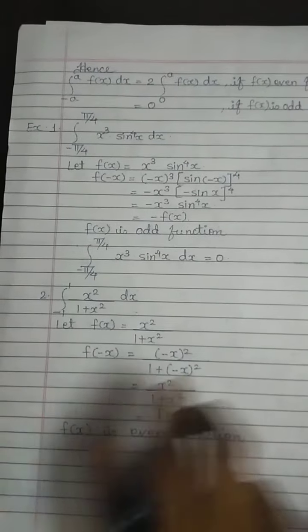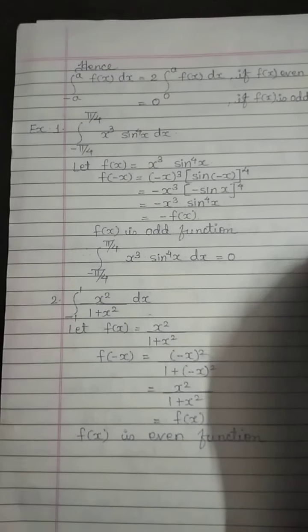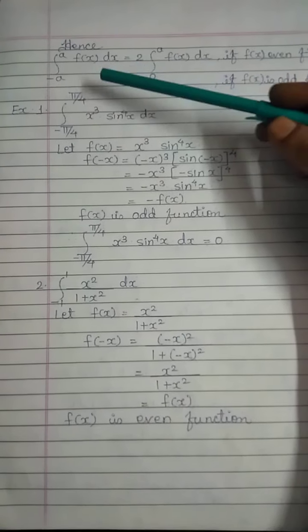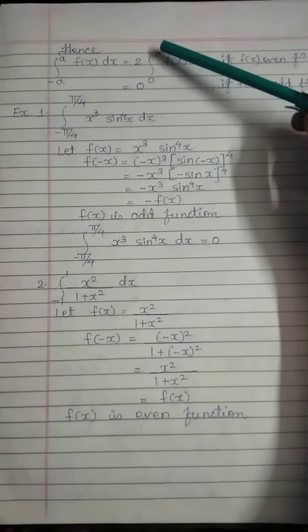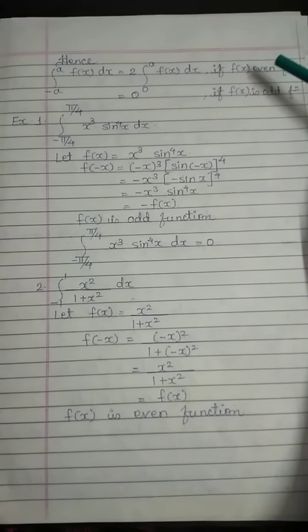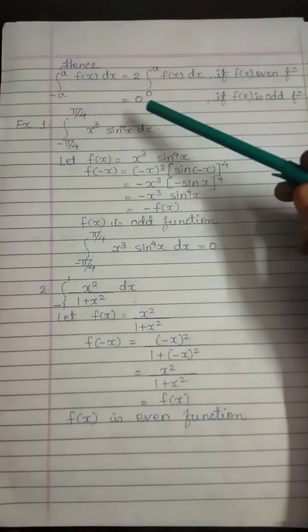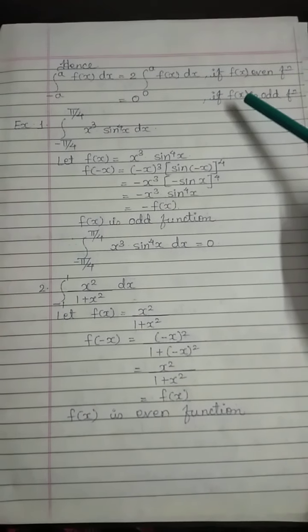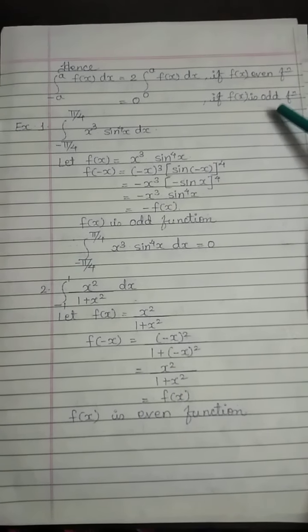Now therefore we have integration from minus a to a of f of x dx is equal to 2 times integration from 0 to a of f of x dx if f of x is even function and is equal to 0 if f of x is odd function.